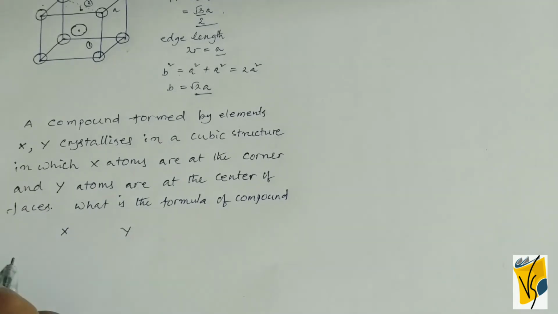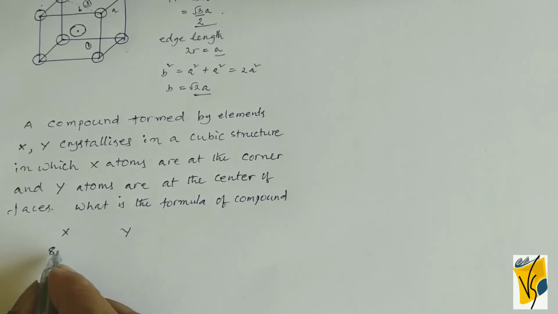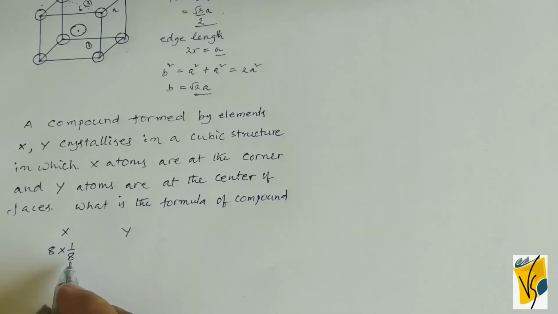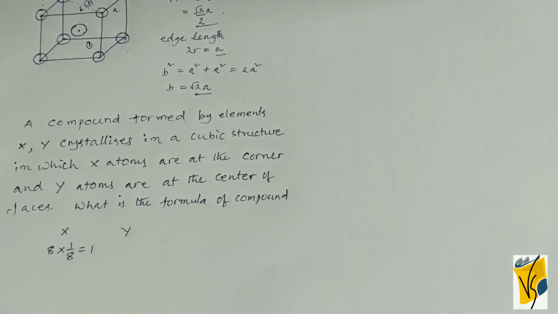X atoms are present at the corners. So how many corners are there? 8 corners, and the contribution of an atom that is present in the corner to one unit cell is 1 by 8. So what is the total contribution now? It is equal to 1.